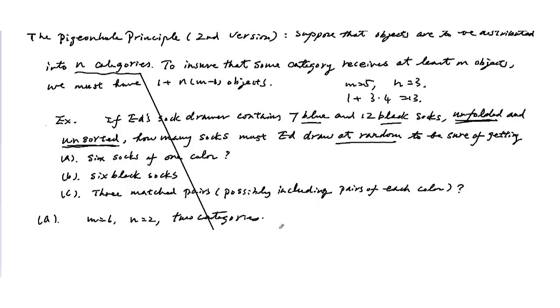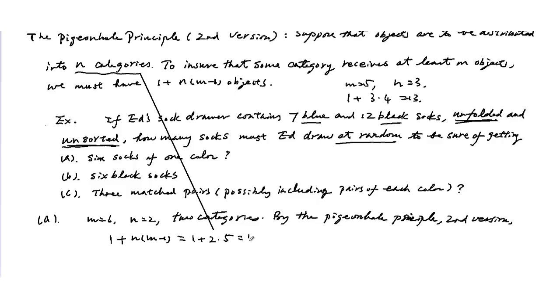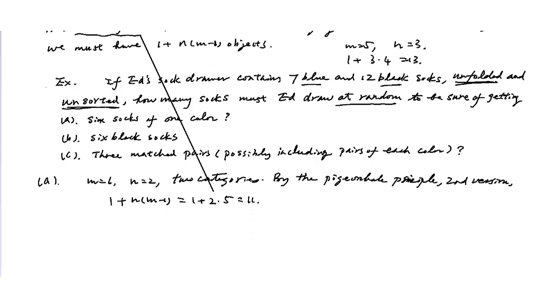By the Pigeonhole Principle, second version, the total number we need will be 1 plus n times m minus 1. So it will be 1 plus 2 times 5, that is 11. In this case, we need 11 socks so that we can guarantee 6 in one color.